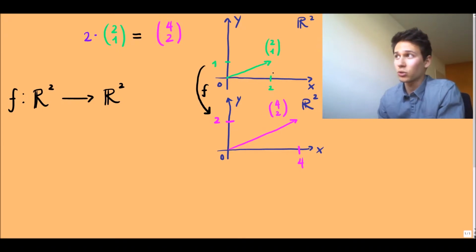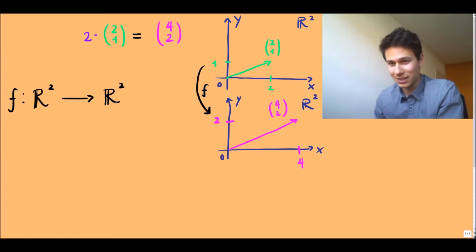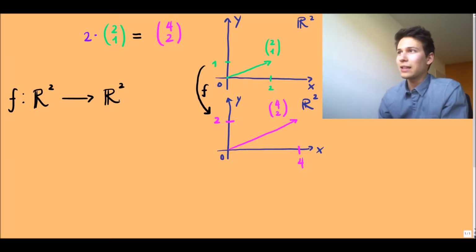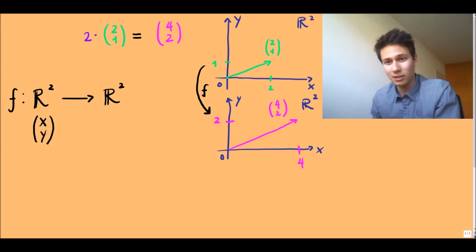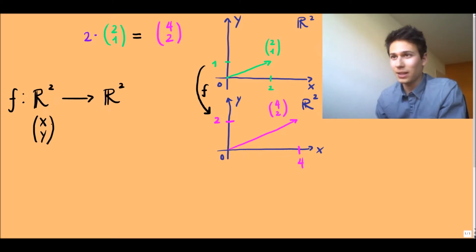So therefore I drew two coordinate systems to really differ between the two spaces. Then we have an argument which lives in the R2. If we choose a random argument, this is simply with coordinates x, y, and this would then get mapped to twice the argument.